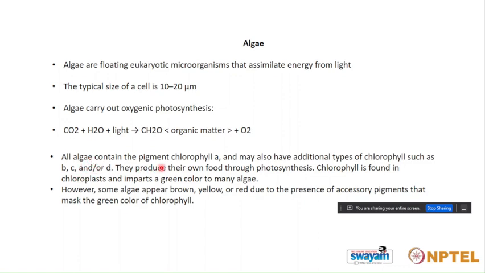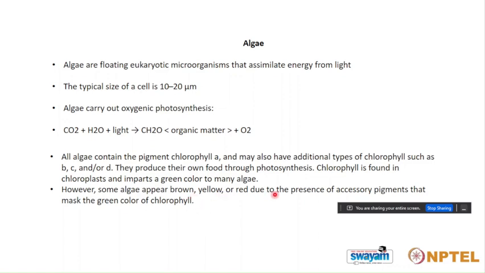Usually algae have chlorophyll pigment in them, so mostly green colored algae are predominant, but other colored algae are also there. In those, different pigments will be present, for example brown, yellow and red algae.